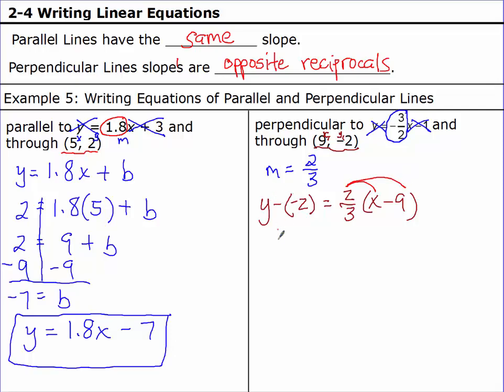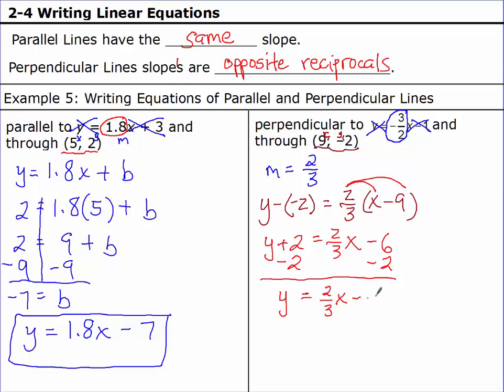I have a double negative, so I'm going to rewrite that as y plus 2 equals 2/3 x. 2/3 times 9 is 18 over 3, which is 6. Then I'm going to subtract 2. y equals 2/3 x minus 8.